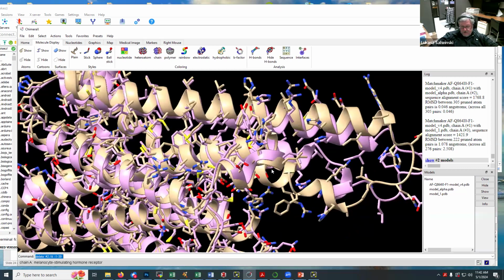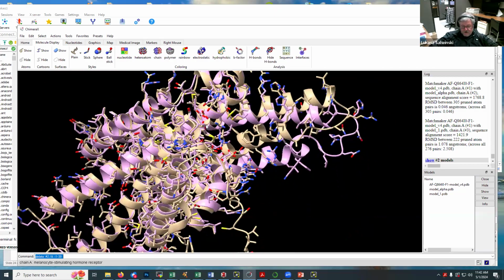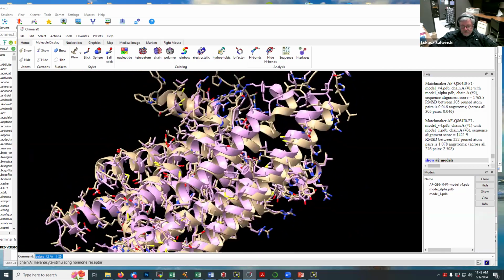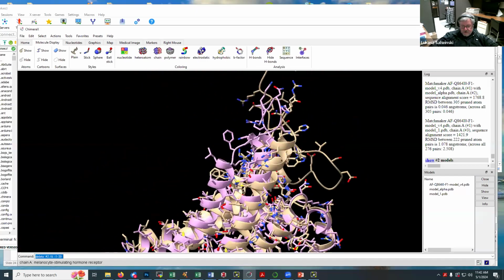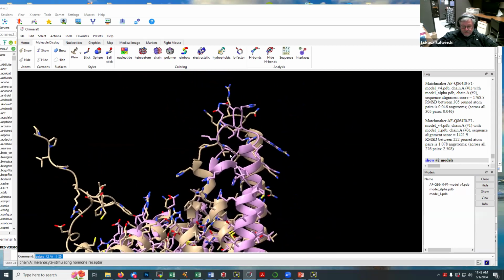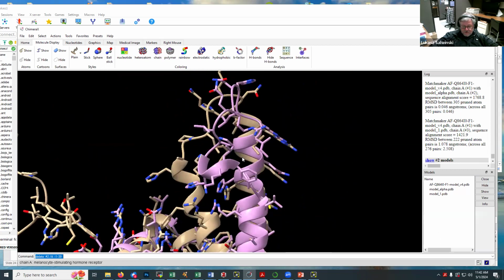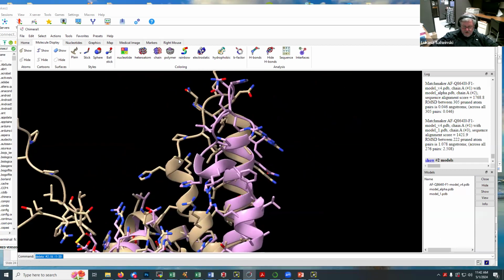And then for secondary structural elements, you'd expect as small differences as possible, but there might be differences in the loops, and you see those things here, that this loop is modeled in a different way by AlphaFold.